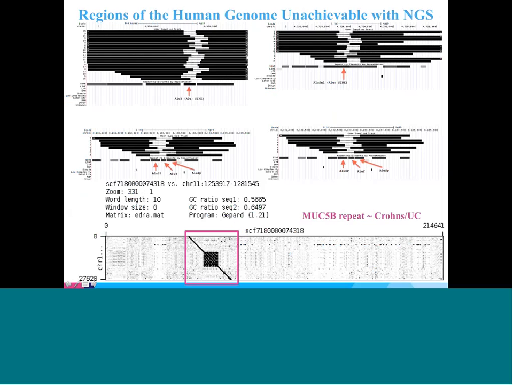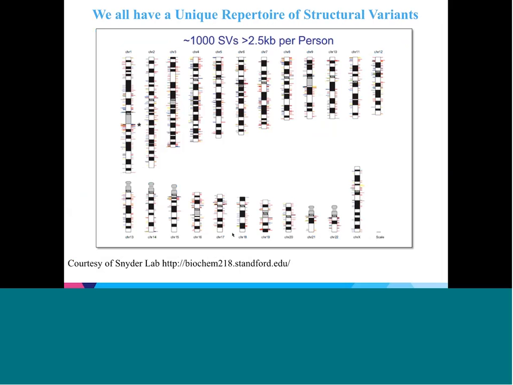So uniquely in any individual, there are thousands of structural variants that are larger than a few thousand base pairs. This is just a reference from the Snyder lab at Stanford showing you, again, a chromosomal breakdown. And if you look at the ticks on the side of each of these that are color-coded for the type of variant, you'll see that there are indeed thousands of variants.